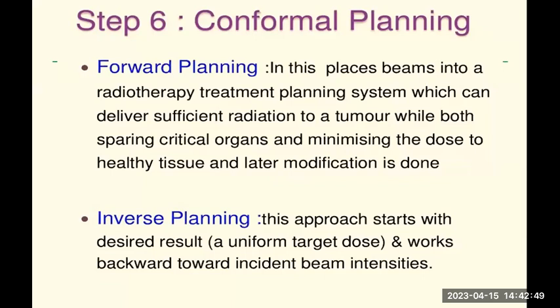The ultimate aim of the beam collimation is that the normal or healthy tissues should not be affected. That is the main objective of forward planning. And in inverse planning, I take the respective result.